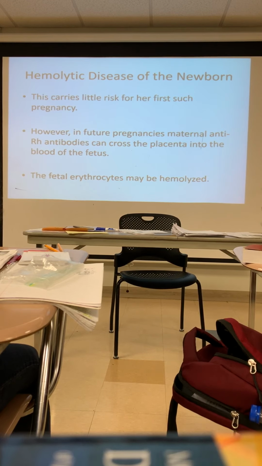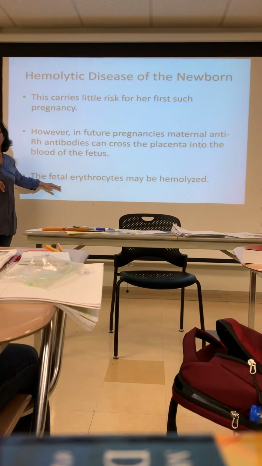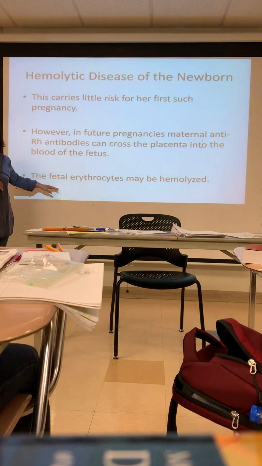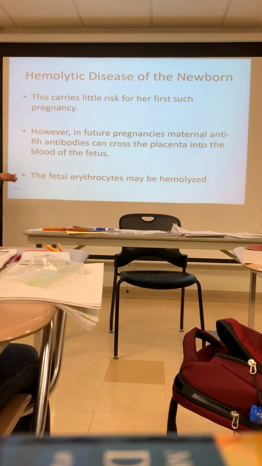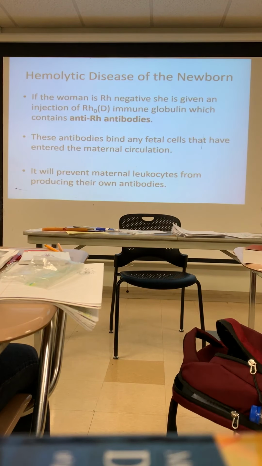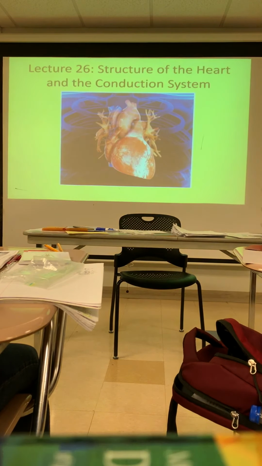So fetal erythrocytes may be hemolyzed, so that bilirubin rises. You see, your red blood cells are hemolyzed, so they're destroyed. Okay, so we have here a woman, RH negative, and RH positive, so we know that already.